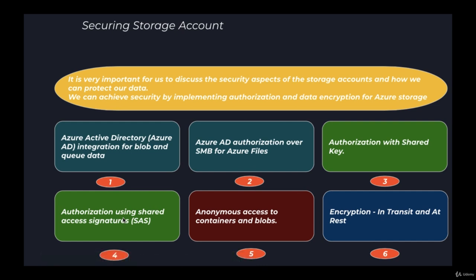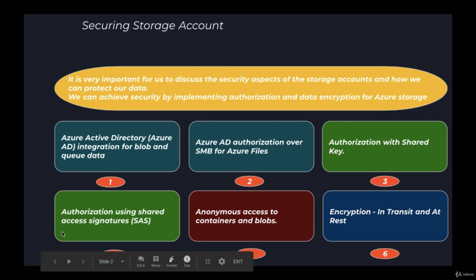So basically, a shared access signature is a kind of token which is provided to the user, and that has information about the kind of access allowed and the length of time for which access is permitted, right? So in this case, we'll be able to control the access using the token, or the shared access signature.